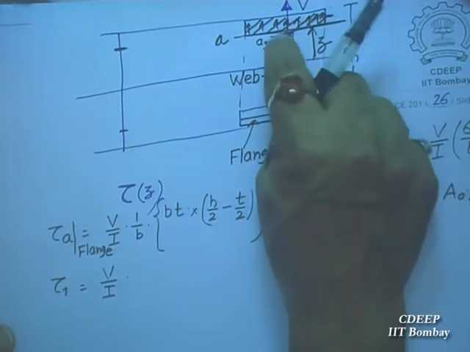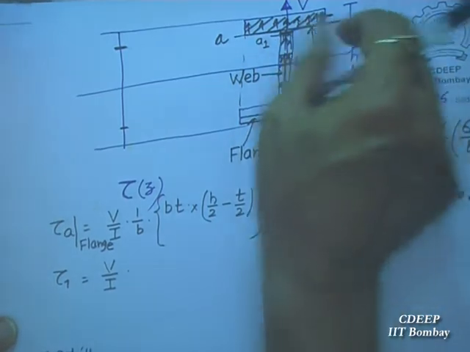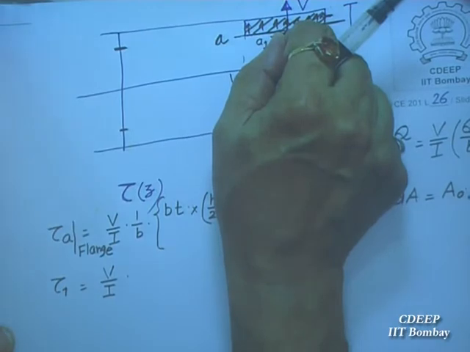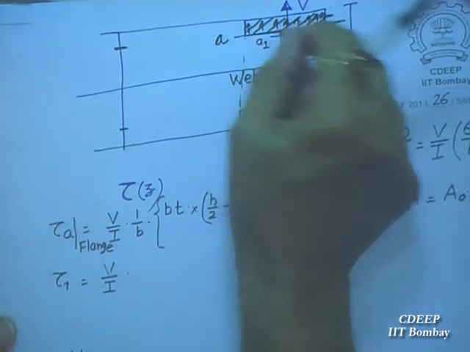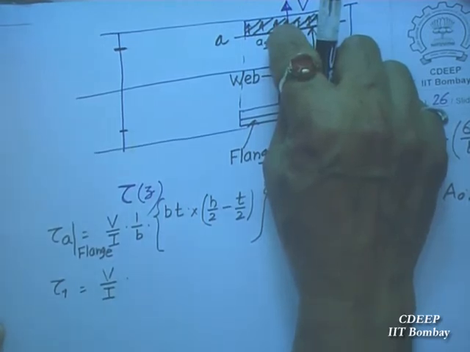See, it is a junction. The width is changing suddenly. Suddenly it is becoming from B to T. Sudden jump is there. So either you are in the flange or you are in the web. You cannot be in both. You cannot be at the junction.